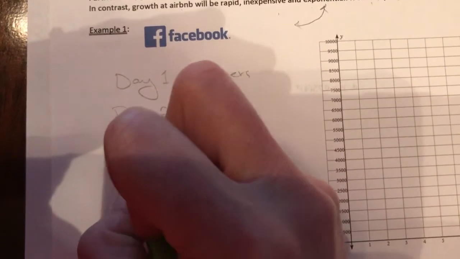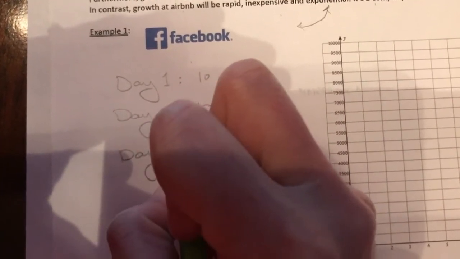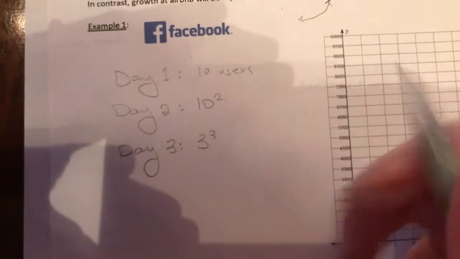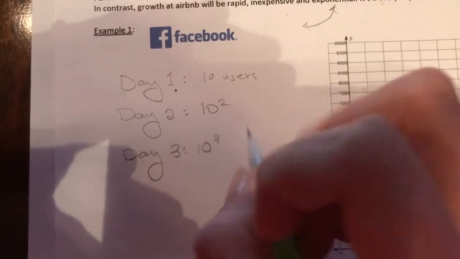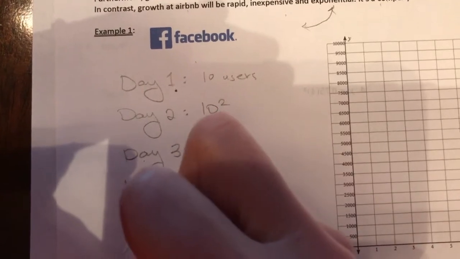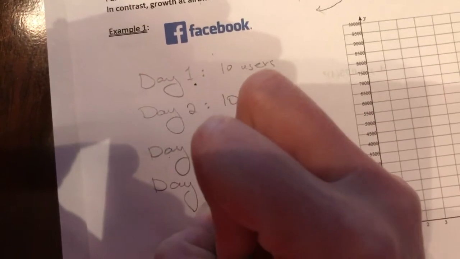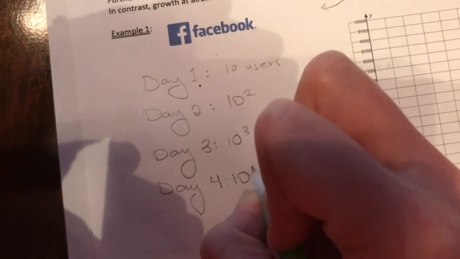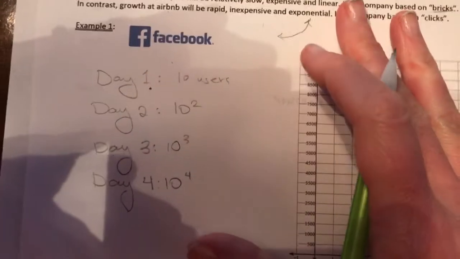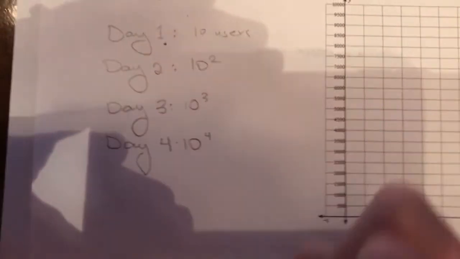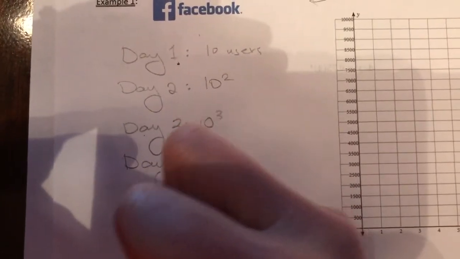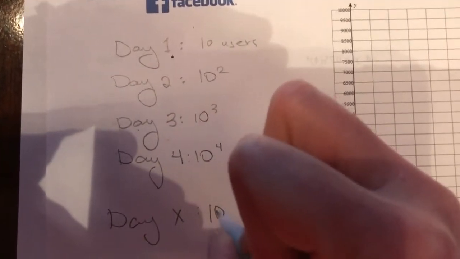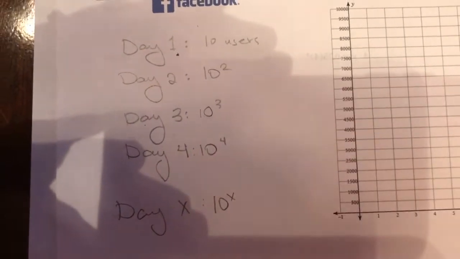So on day 3, we would have 10 cubed users. And so on. Day 4, we would have 10 to the 4th users. So we could represent this function by saying on day x, we could expect to find 10 to the x users.